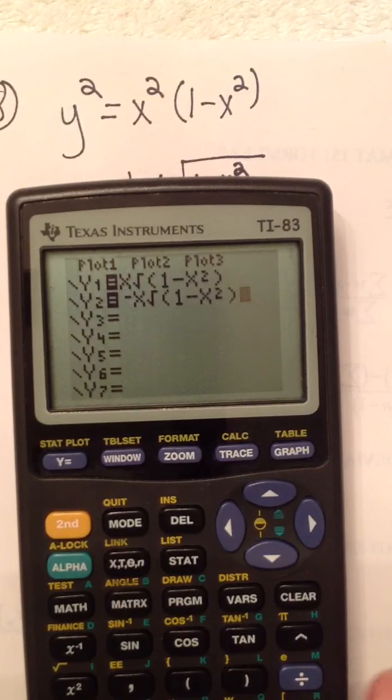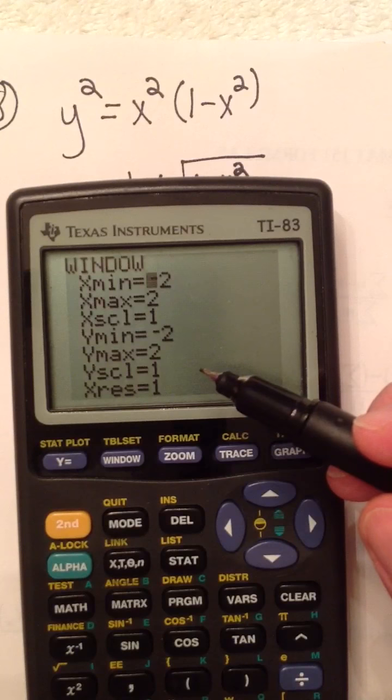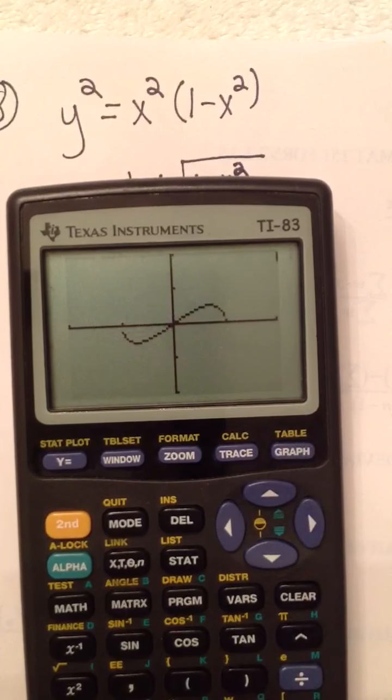For the window setting, go from -2 to +2 for x, and -2 to +2 for y. Now for the graph, we have this particular item show up.